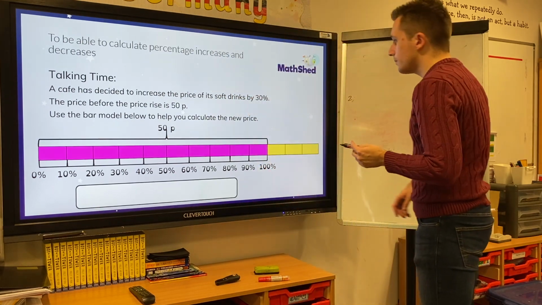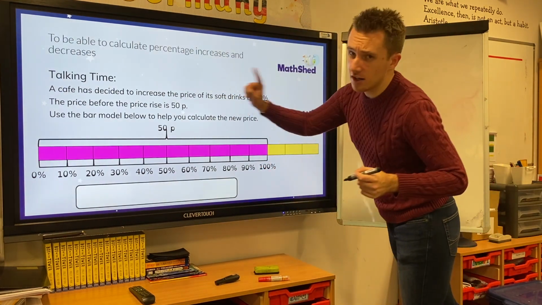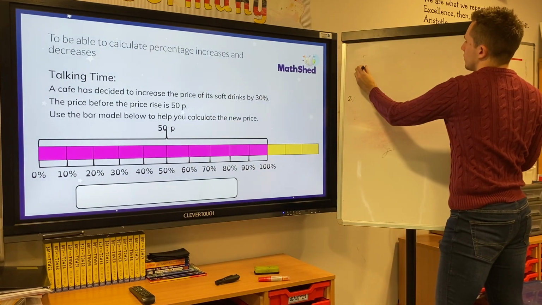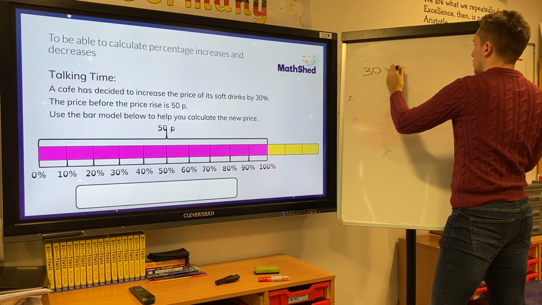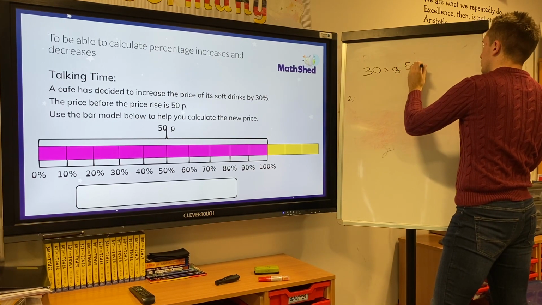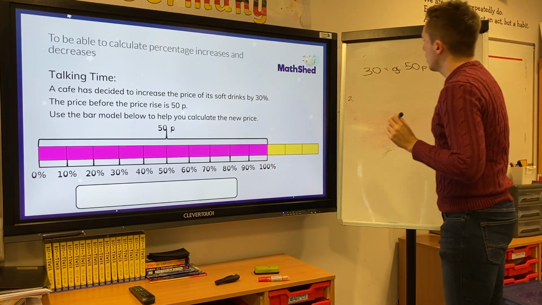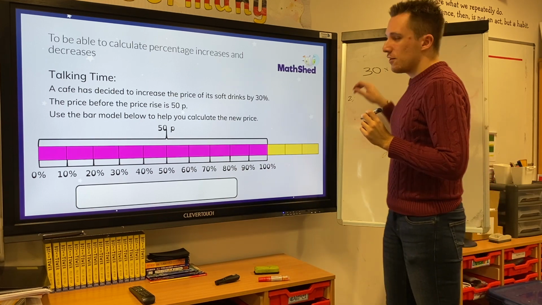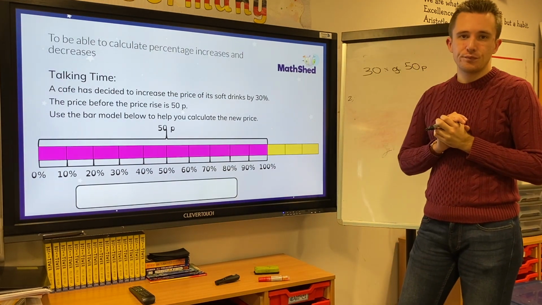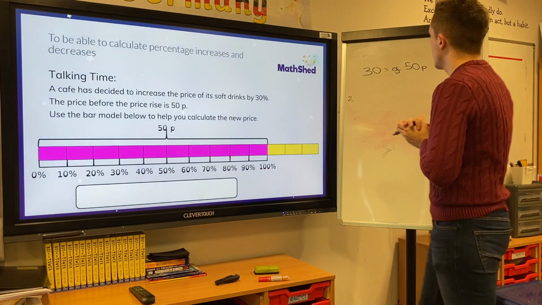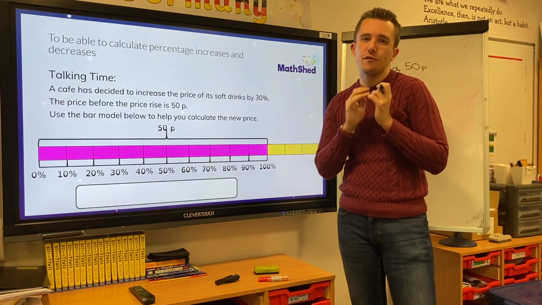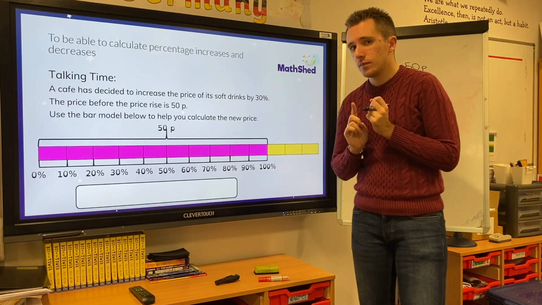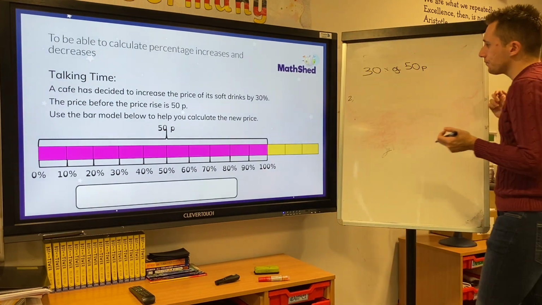So step 1 is we need to find 30% of 50p. Can we find 30% straight away? No. You remember, there are only certain ones we can find within one step. 30% isn't one of them.